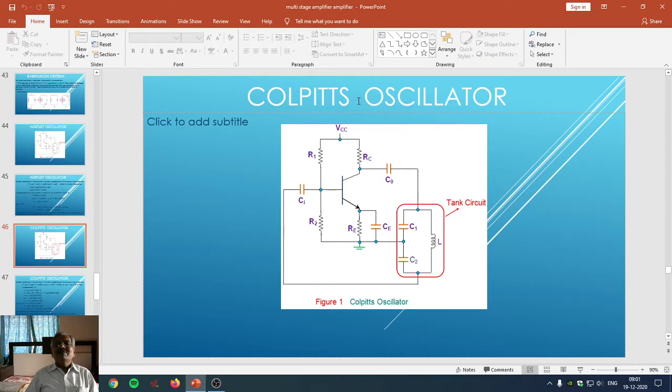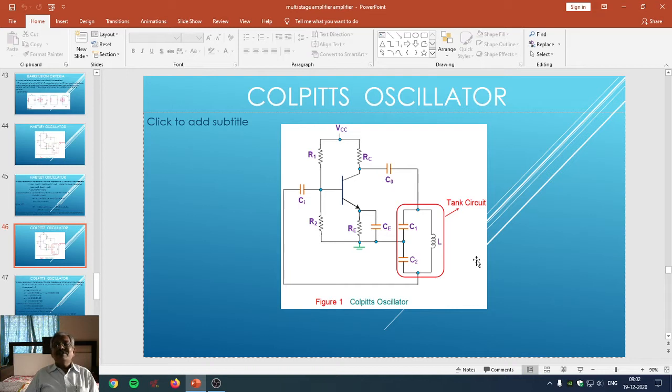As it generates radio frequency, it clearly indicates that it makes use of inductance and capacitors in the tank circuit, as per the classification of oscillators. Another aspect is that this oscillator also generates a sinusoidal wave at the output. Hence, it is also called a sinusoidal oscillator.